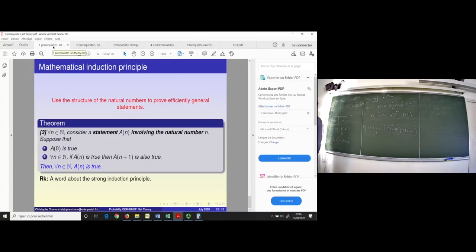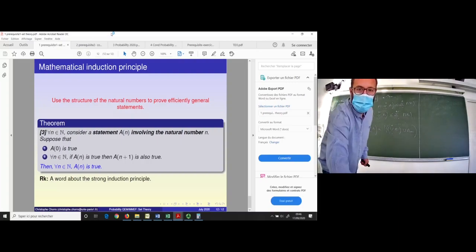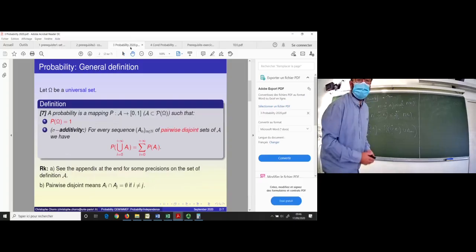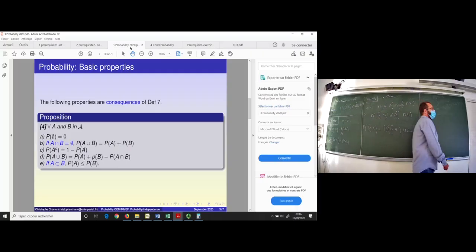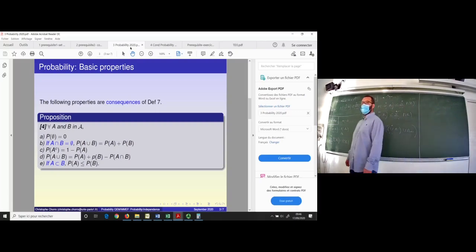But I have some properties concerning probabilities. So if I come back to the slide of the first session, in particular this consequence here, you have the point number d. And what point d tells you is that the probability of the union is equal to the sum of the probabilities minus the probability of the intersection. In particular, a probability is a positive number, meaning that the probability of the intersection is positive.